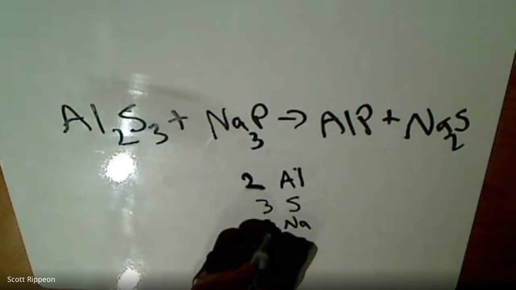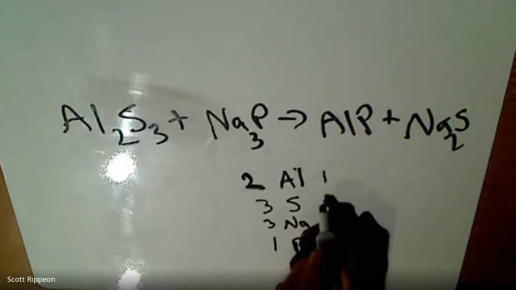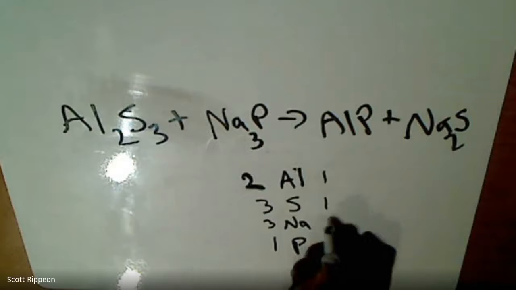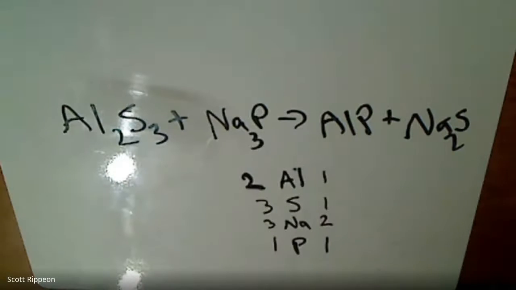Sodiums, 3. Phosphorus is 1. Aluminum 1, sulfur 1, sodium 2, and phosphorus 1. Okay, nothing's balanced but the phosphoruses. I got the same number of phosphoruses on both sides, but everything else is out of whack. So we need to fix that.